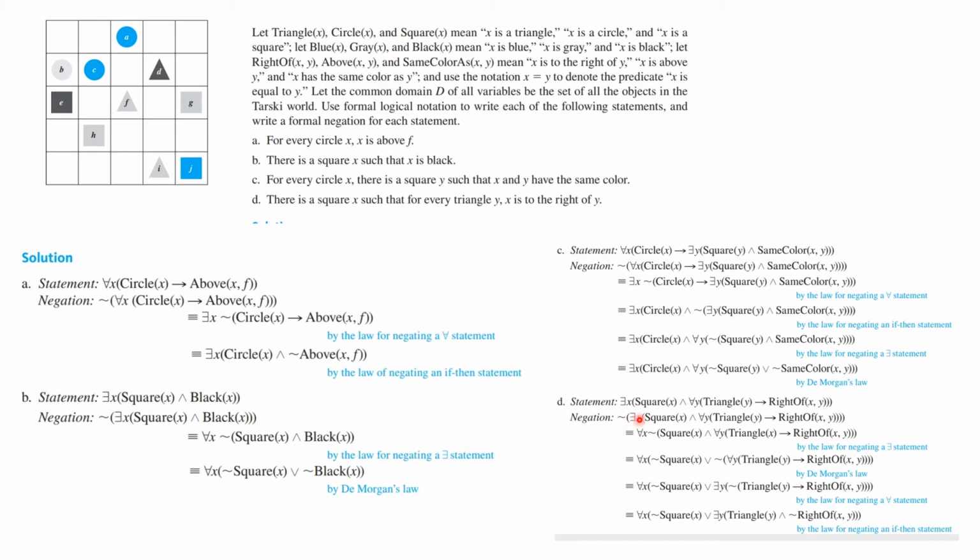The last one is what you should have come up with, and the negation, when you simplify it, is shown here. Spend some time with this. These things are not simple, I think.